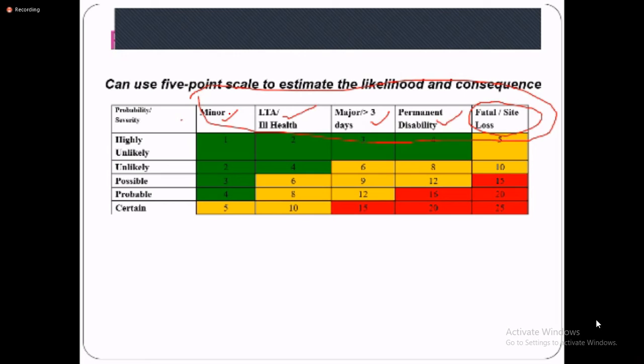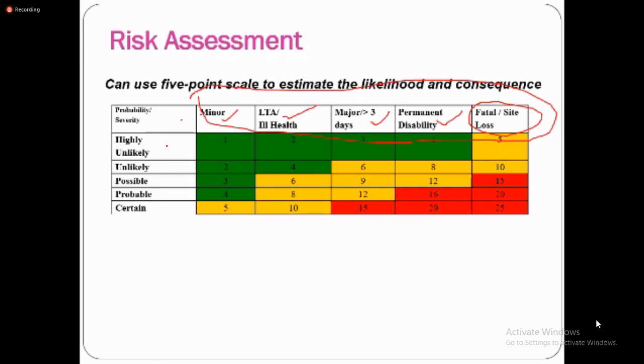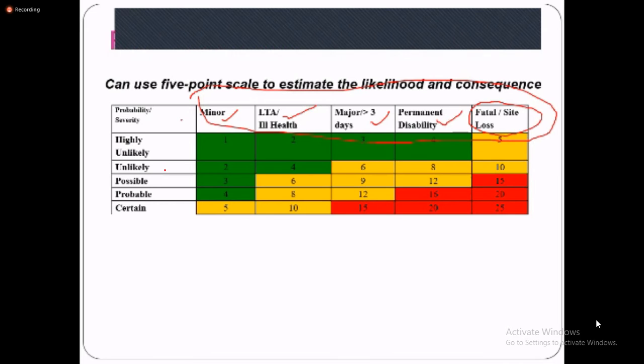For example, take the trip and fall hazard. We have steps over there, not marked, and with slippery tile. Is it highly unlikely, unlikely, possible or probable?